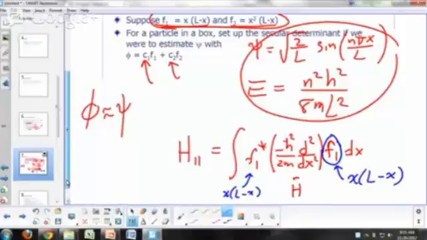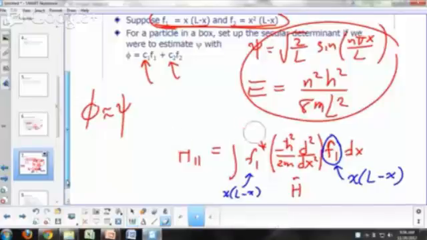Okay? And you do likewise for H12, H22, H21, and then you do it for S11, S12, S22, and S21. I'm going to go through that with you in just a little while. Let me just show you where these H11s and S11s come from first, okay?